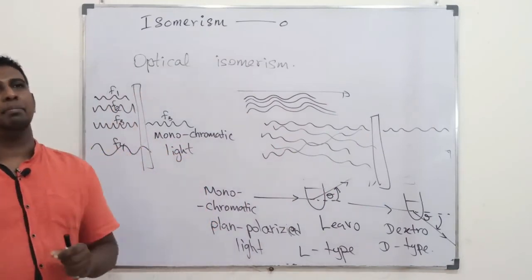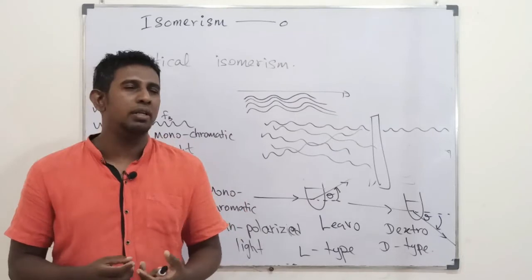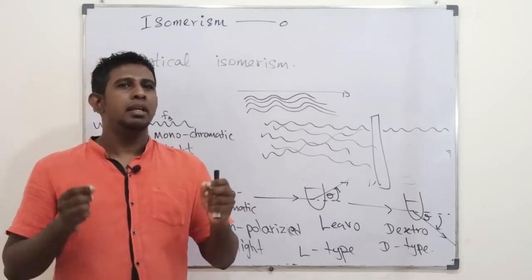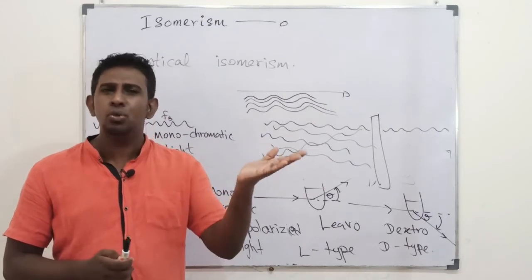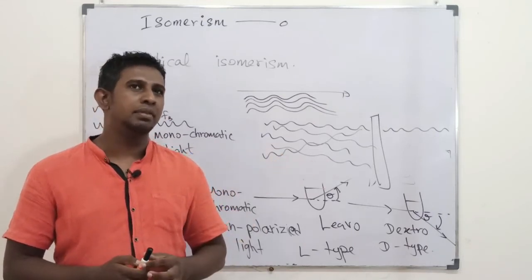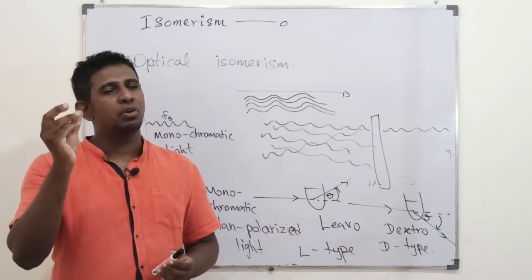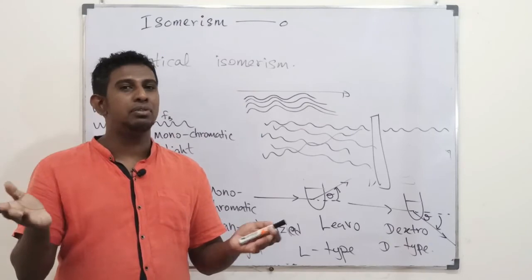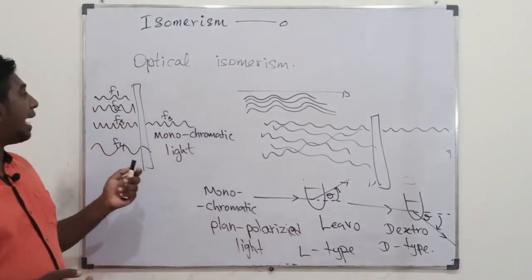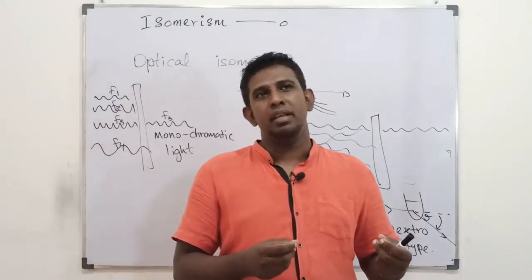These L and D types are very important, and play an important role in determining differences in sugar molecules as well as proteins. The building units of proteins are amino acids. In amino acids you have what we call chiral centers, asymmetric carbons.